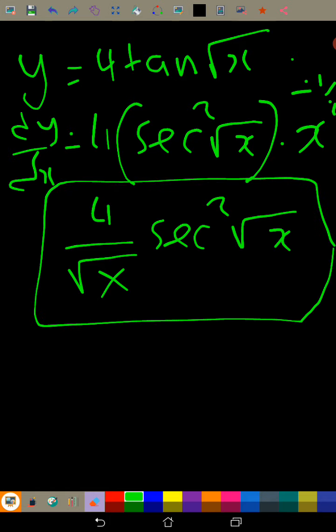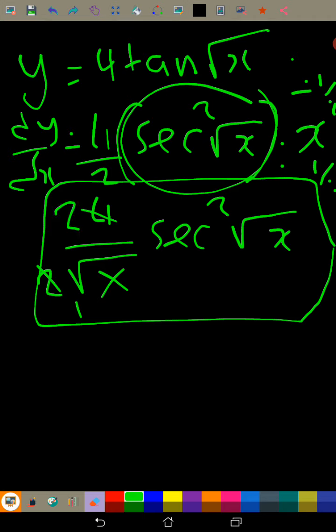That's what I have. Hmm. Of course, I forgot to do something. Or did I? For me, this looks good, except that I forgot to multiply by half. Yes, it's going to be 2 here. So then it's going to be 2.